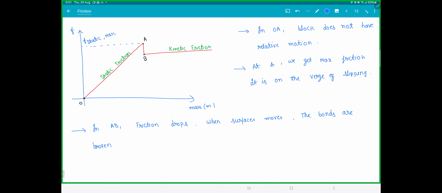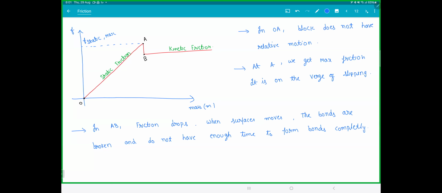The bonds are broken, and since you're moving, you do not have enough time to form the new bonds again. So they don't form complete bonds, you get some incomplete bonds.